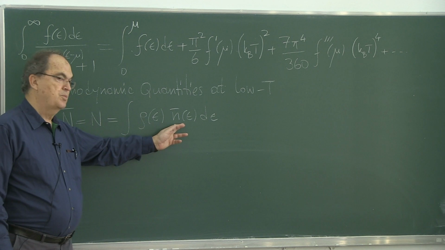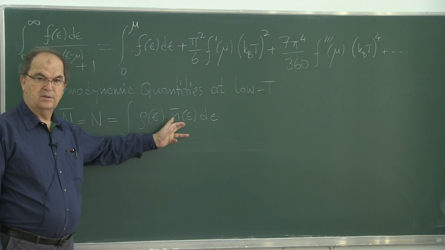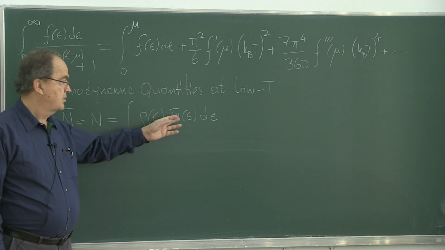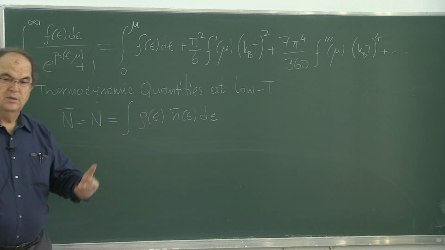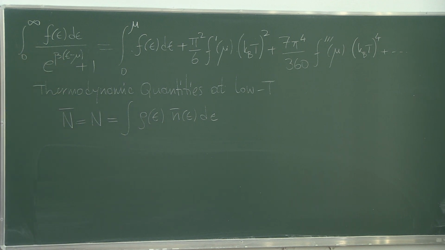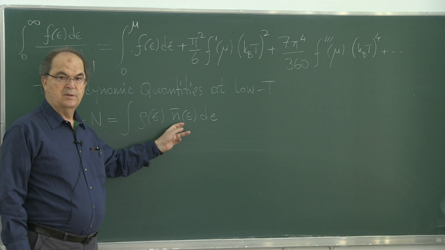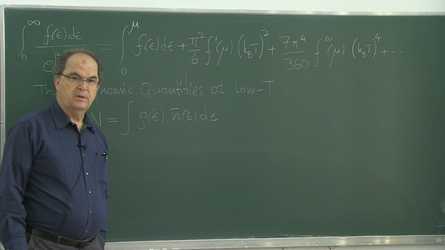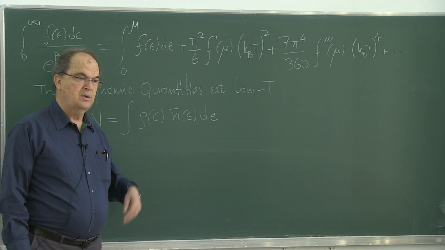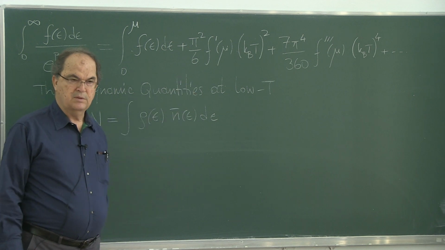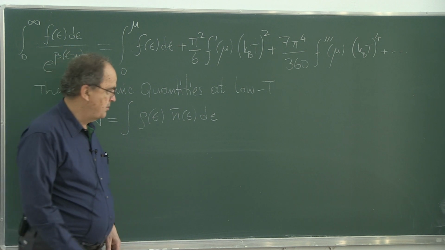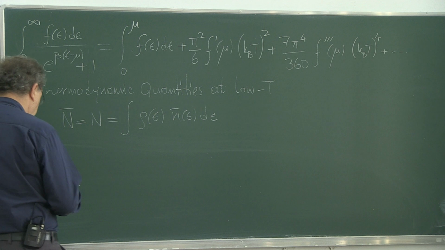This is the Fermi-Dirac distribution function, the average occupation number. By multiplying with the occupation number, you only count the particles in the occupied states, because that will be zero if the state is unoccupied and will not contribute to the number of particles. So you only count the occupied levels, and that gives you the number of fermions in your system.